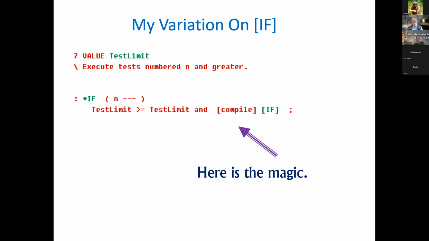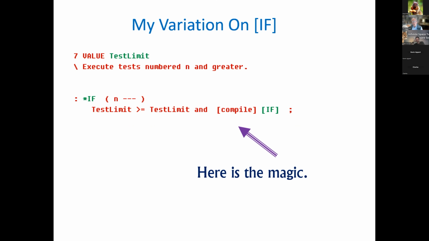In place of the bracket IF, I'm using star IF. So star IF takes a single parameter. It's an N here, but it should be an F for a Boolean flag. So the star IF takes a parameter. It says, is it greater than the test limit? And is the test limit non-zero? If so, it will then execute the bracket IF.